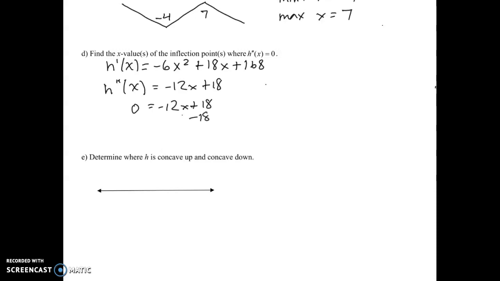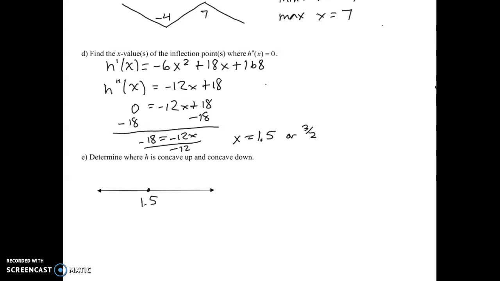Subtract 18, then divide by negative 12, and I get x equal to 1.5, or 3/2, however you want to write it. So that is where my inflection point happens. Pretty cool.